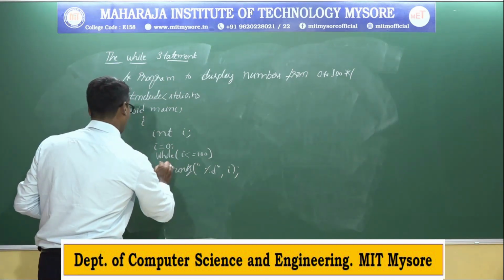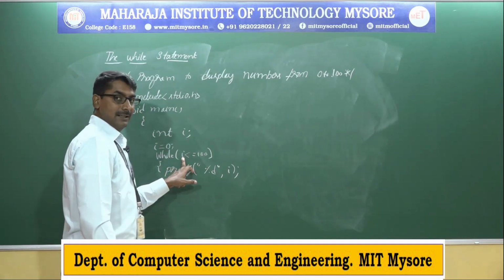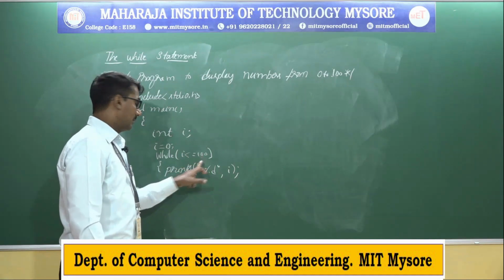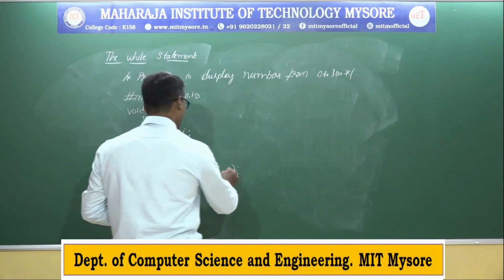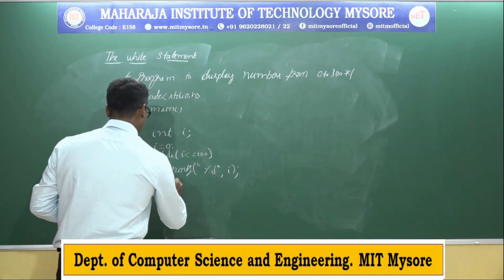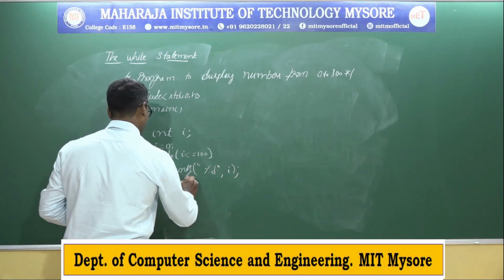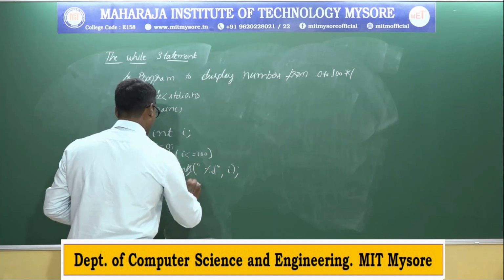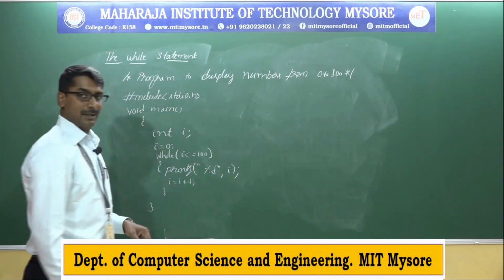Here I'll put the bracket. First it will check the condition i less than or equal to 100, then printf("%d", i), then i++. I need to update the i value, i is equal to i plus 1, then close bracket.